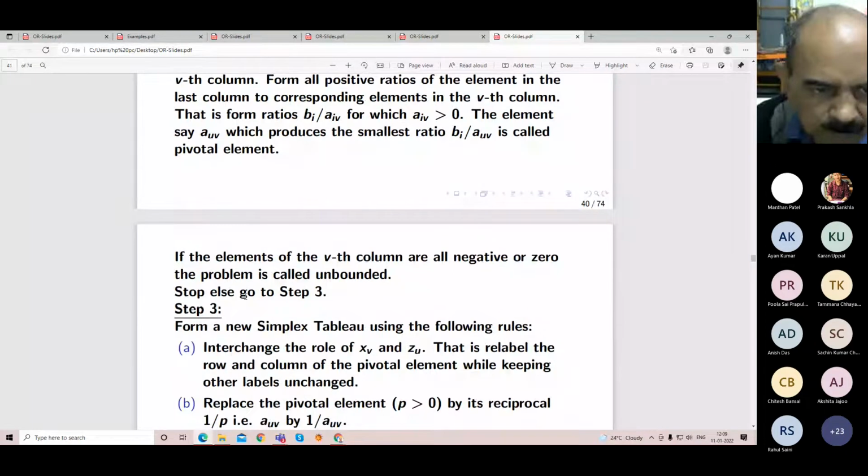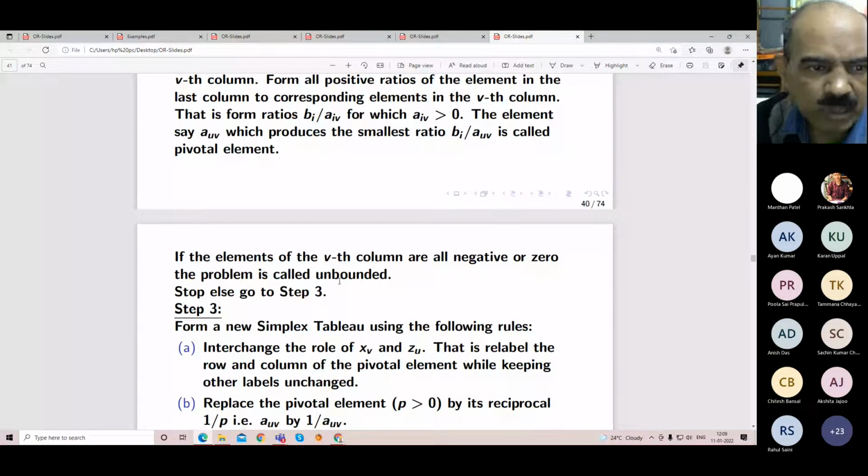If the elements in the vth column are negative or 0, in case you find the elements in the vth column are either negative or 0, the problem is called unbounded. So there we will stop.